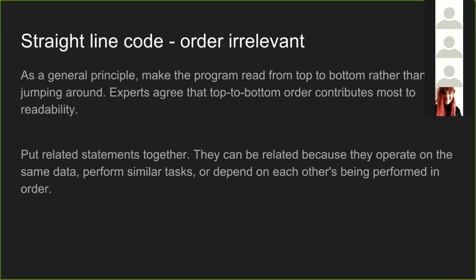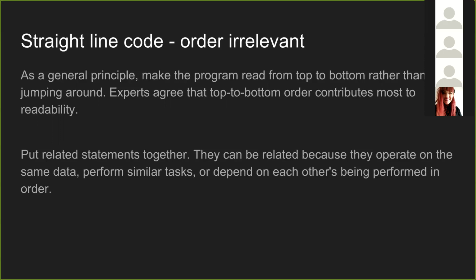So when the order is irrelevant, there are still some rules to follow in order to keep readability clear. Top to bottom order is most readable. Basically, when you go from the top of the method and read everything that's happening towards the end without any jumping around, that's the best way to organize a method.